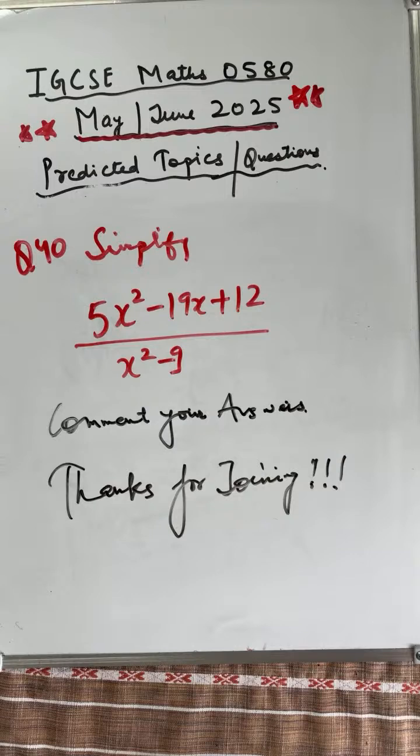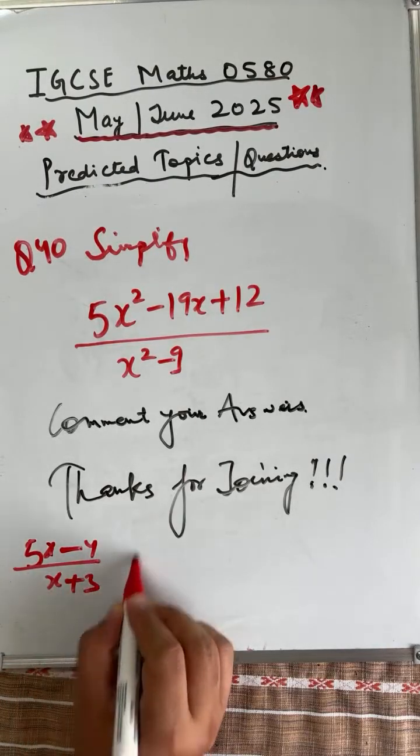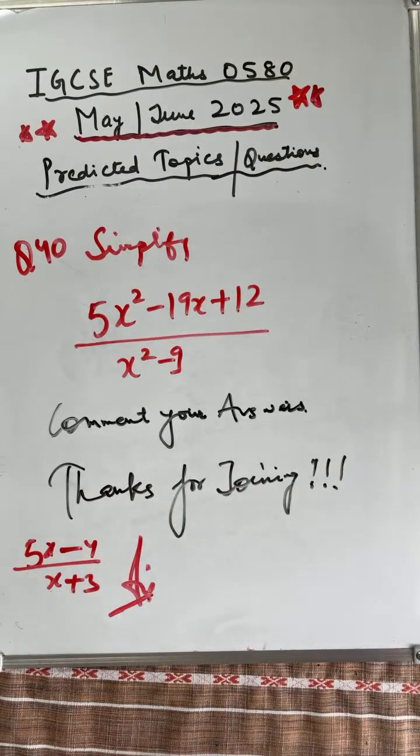Bharti, correct answer. Five x minus 4 upon x plus 3. Bharti, you have just joined. This was the predicted topics and questions for May-June exam. We will be having the reasoning class at around 6:30, and then I will be planning to have one more class for the predicted questions for IGCSE students.